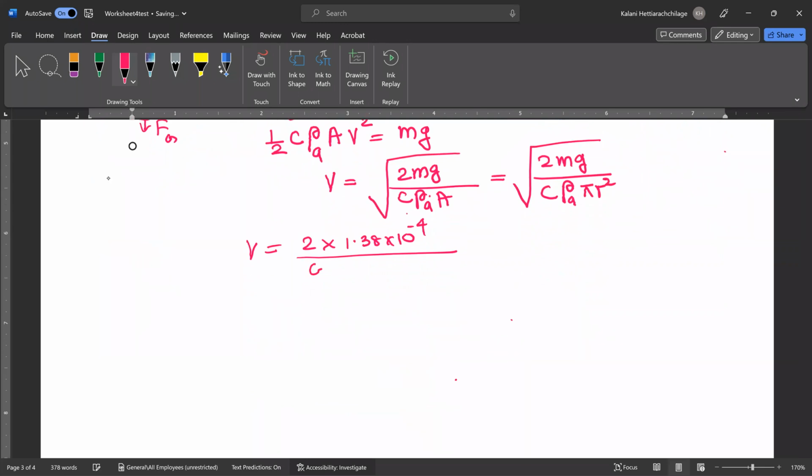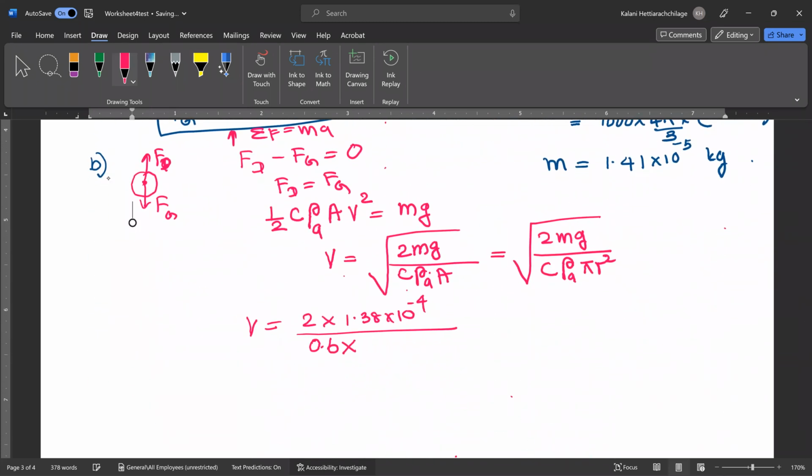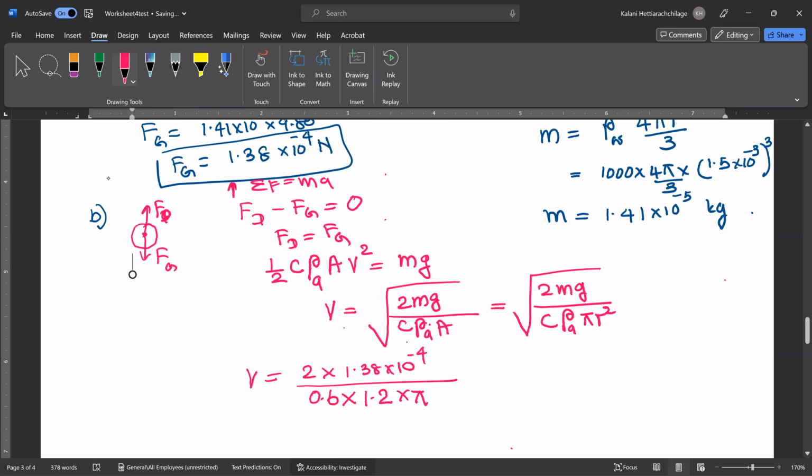And the density of air is given as 1.2 in SI units, times pi, and r squared is also given. The radius of the raindrop we used earlier, 1.5 times 10 to the negative 3, squared, right? And then take the root of this whole thing. You're going to get the terminal velocity. What I have is 7.4 meters per second.